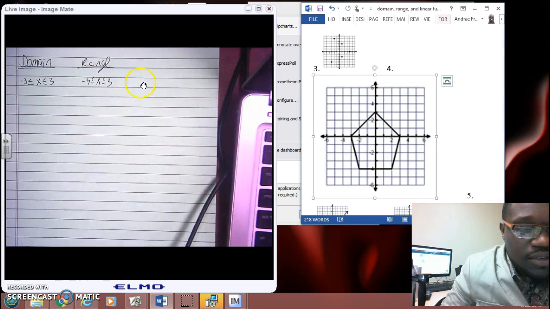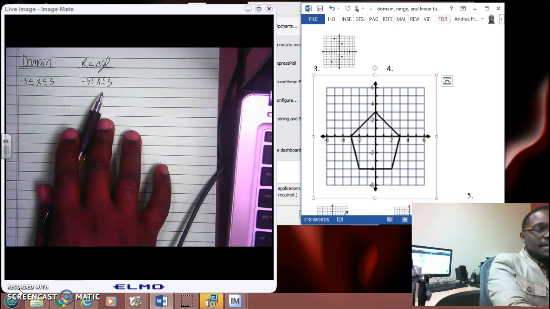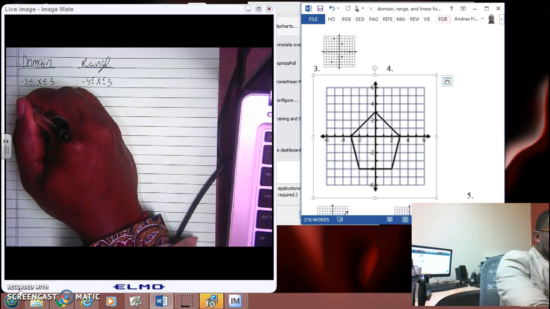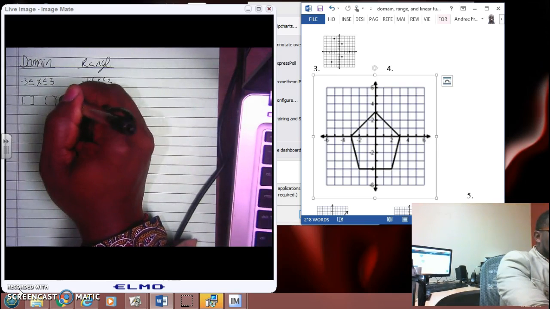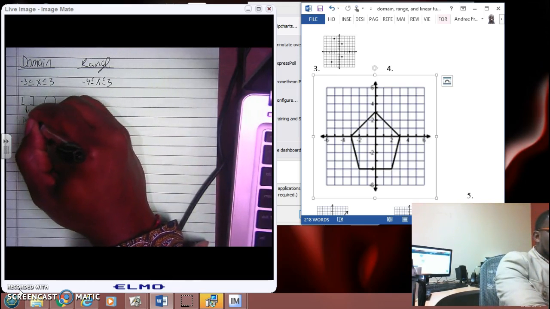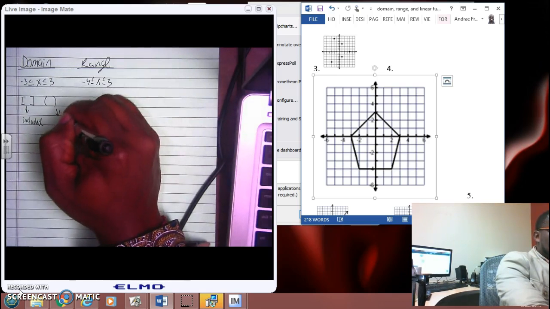But let's talk about another way to write that so that this may be less confusing. If you've ever seen this, this is brackets and these are parentheses. Alright? The brackets means included. The parentheses means not included.